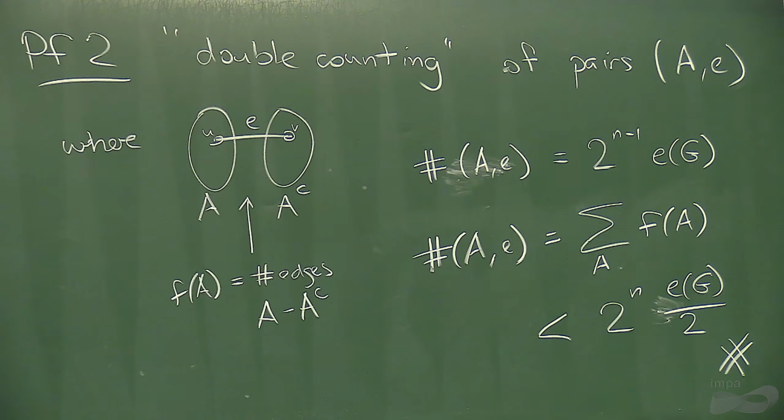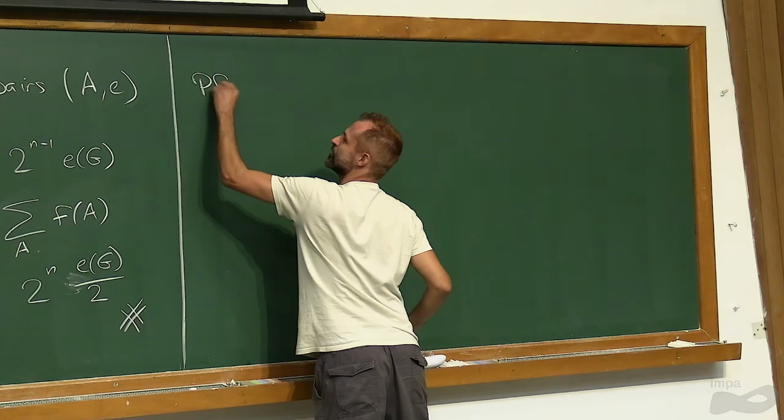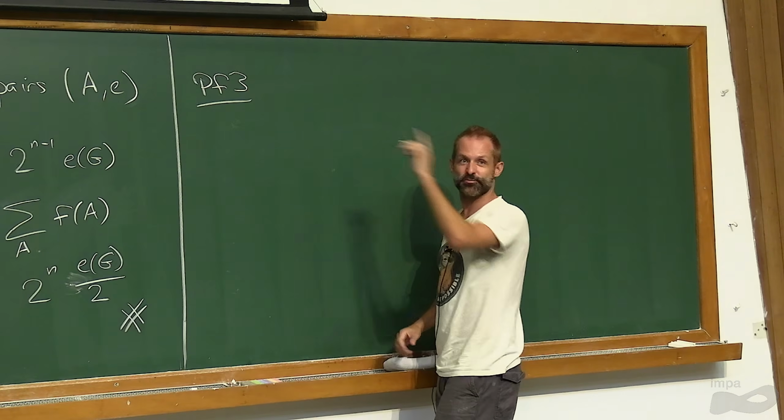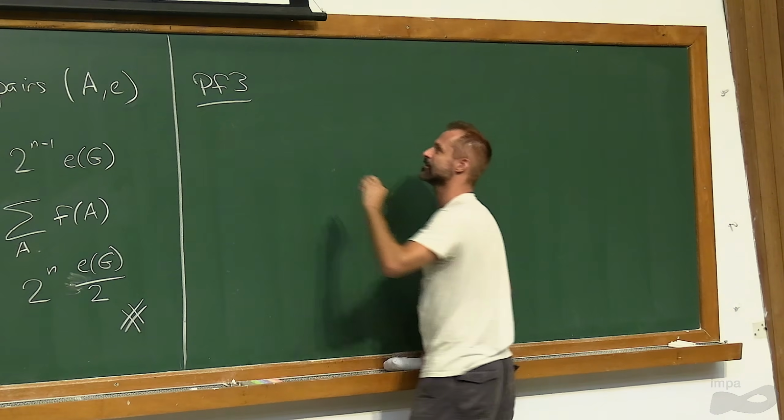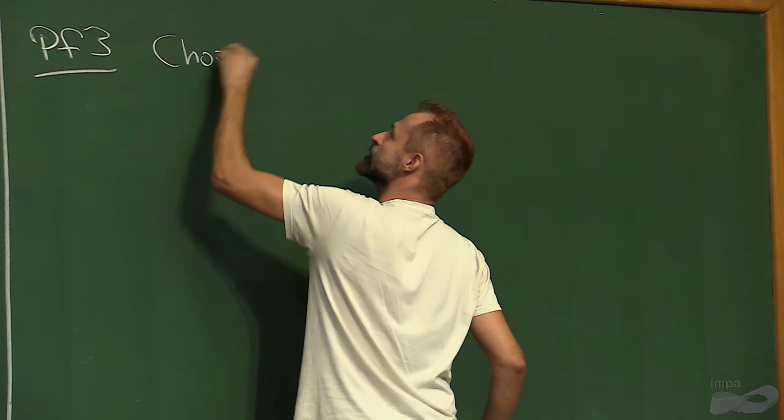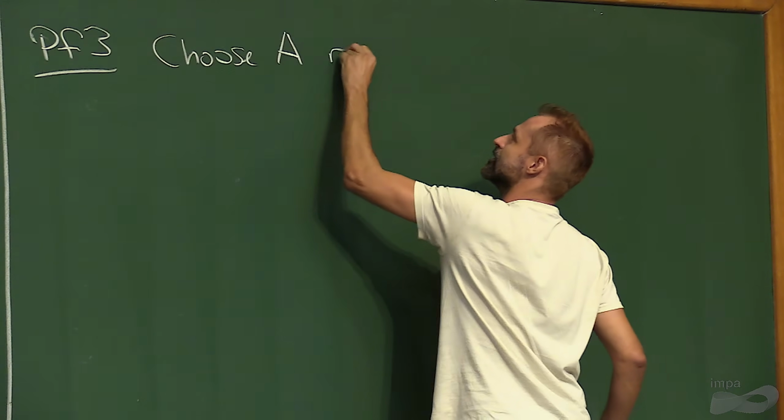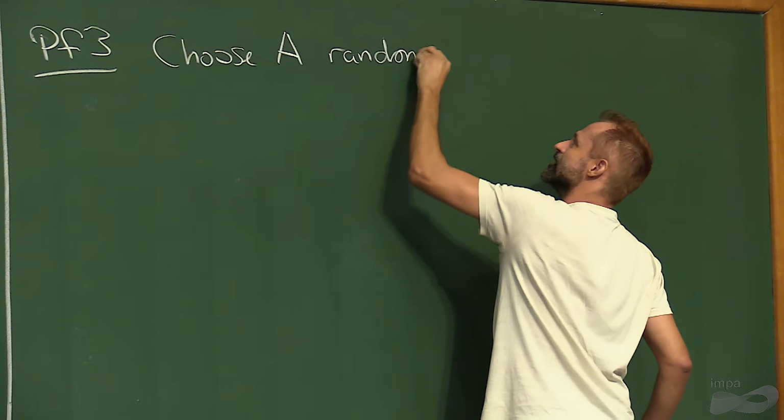Okay. I'm now going to do the same proof again, but in different language. So proof 3, which is just proof 2 in disguise. Say choose A randomly.